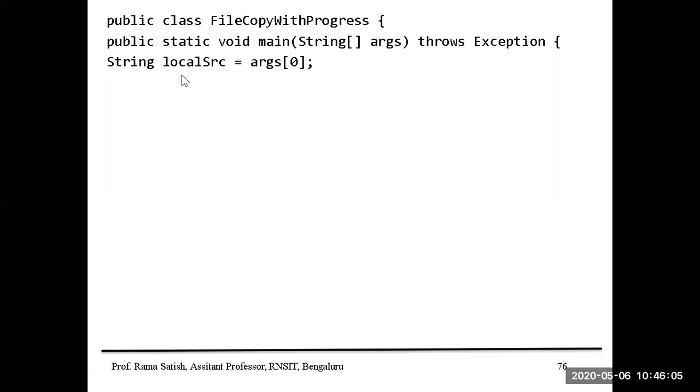The first argument you call the local source file, and it is a string. Secondly, you take the destination as argument 1. The second file in the argument list is the destination file, normally the file name that has to be stored in HDFS.